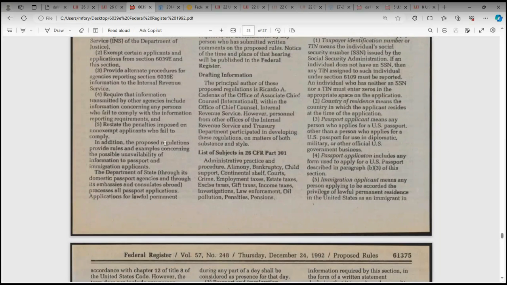In addition, the proposed regulations provide rules and examples concerning the possible unavailability of information to passport and immigration applicants. The Department of State, through its domestic passport agencies and through its embassies and consulates abroad, processes all passport applications.